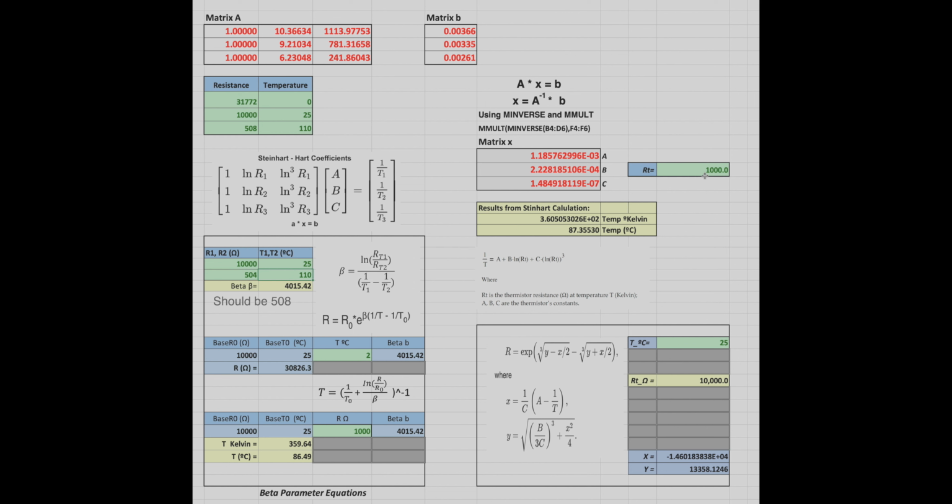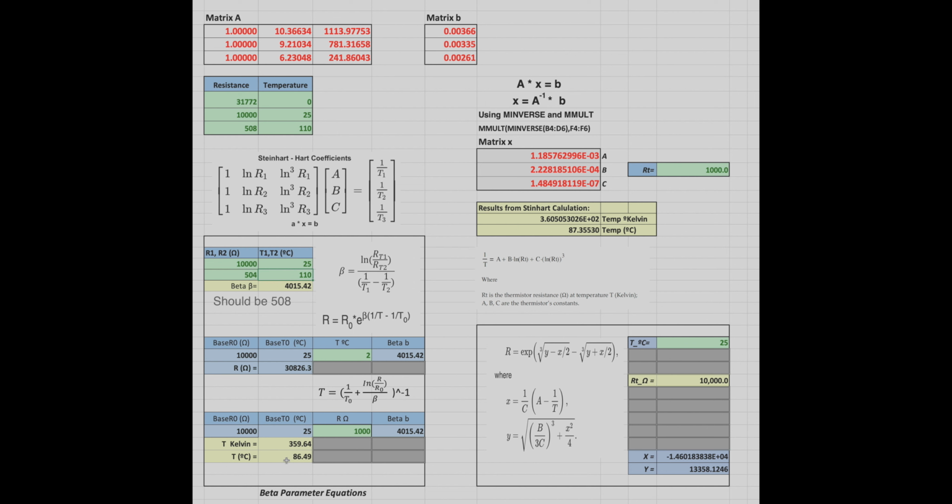So these are our coefficients for this information we have here. At 1,000 ohms, it would put us at 87 degrees C. With the beta, using this range, where would it put us?